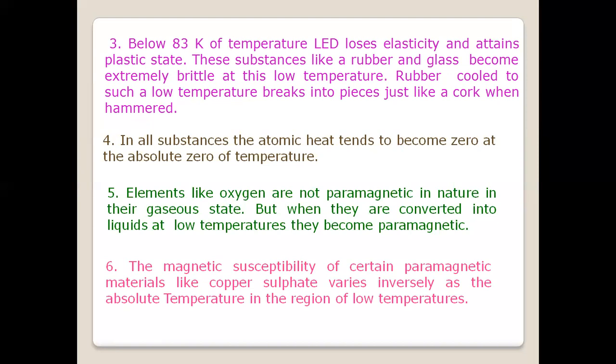That is according to Curie's law. So the magnetic susceptibility of certain paramagnetic materials varies inversely as the absolute temperature in the region of low temperatures, in the case of oxygen also.